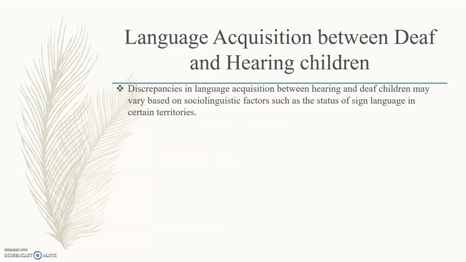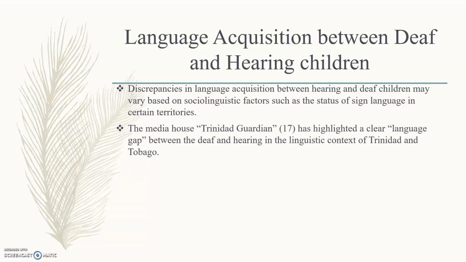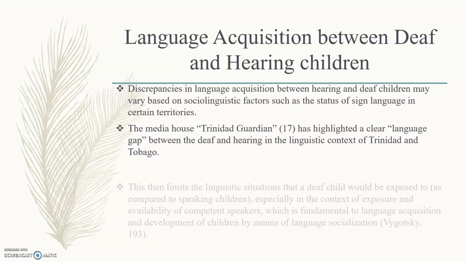Discrepancies between hearing and deaf children may vary based on sociolinguistic factors such as the status of sign language in certain territories. So take for instance the media house, the Trinidad Guardian, which has highlighted a clear language gap between the deaf and hearing in the linguistic context of Trinidad and Tobago.